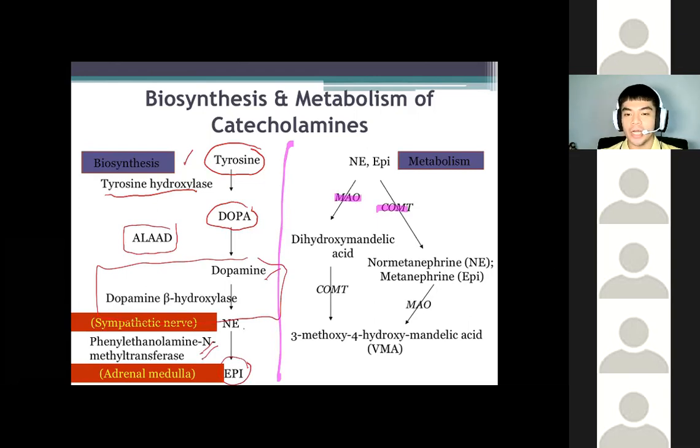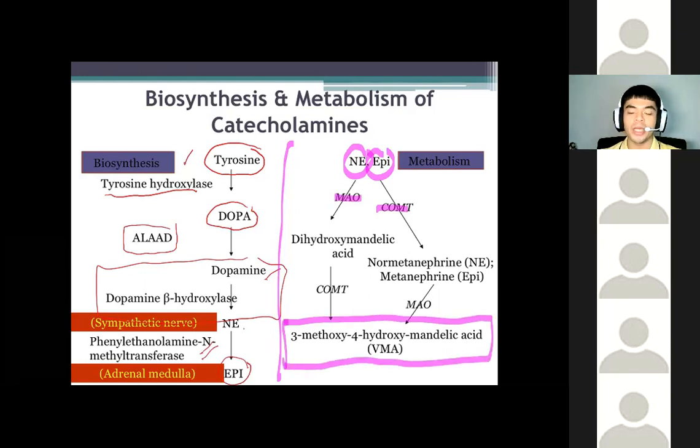Okay? Regarding metabolism of norepinephrine and epinephrine, note everyone that we have the same ultimate metabolite. Ang ultimate, ang tandaan nyo na lang sa right side ha, yung ultimate metabolite, yung final product ng metabolism involving norepinephrine and epinephrine. So this is called VMA. So that is 3-methoxy-4-hydroxymandelic acid.